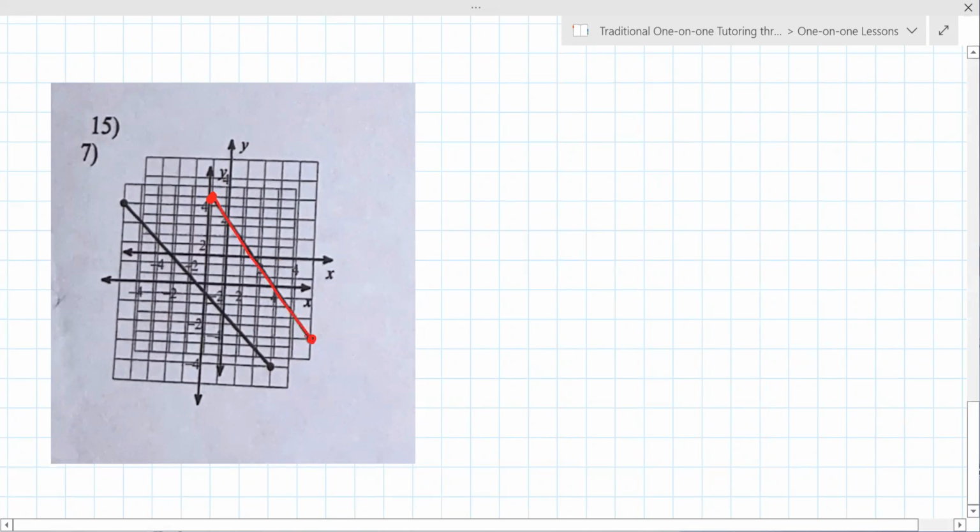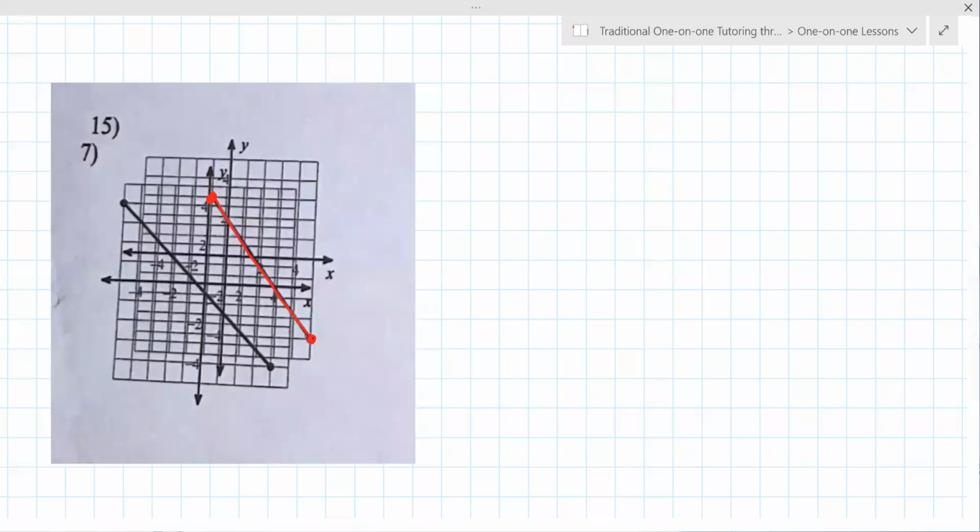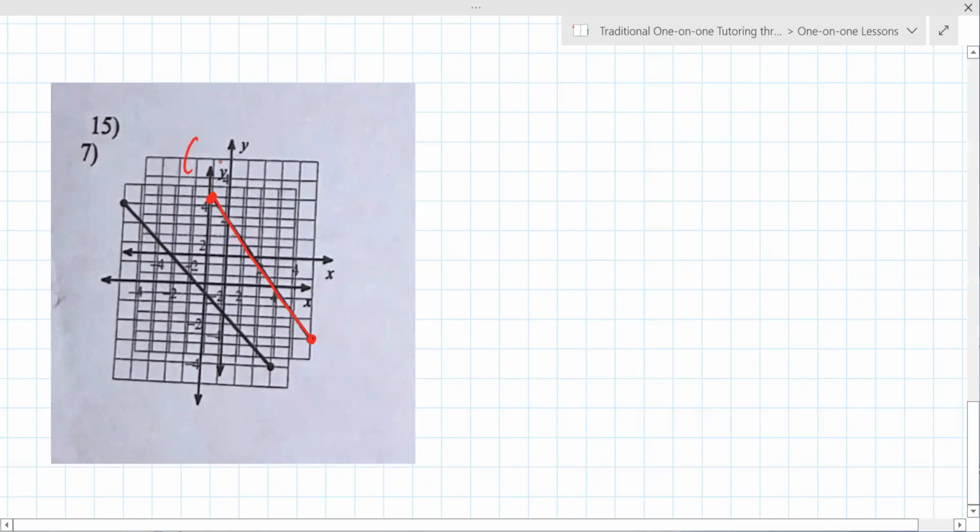The problem is I can't tell you what the ordered pairs are. I'm going to go with this top one being (0, 4), and this bottom one being (8, -5). Because they're overlaid, we can't figure it out.